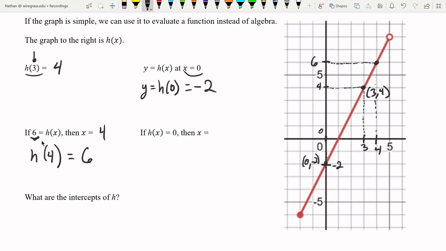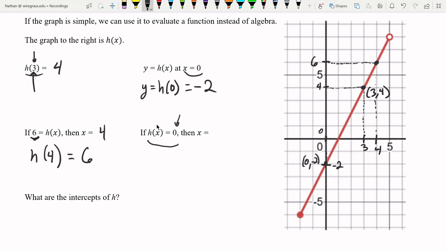Make sure you understand how to read the notation. X is always the thing on the inside. If you know what x equals, or if you know the thing on the inside of the function, in this case we knew what 3 was, then that's our input variable. If you don't know that, but you know the other value, that means it's your output variable you're looking at. So like you have here, we know our output variable, 0.